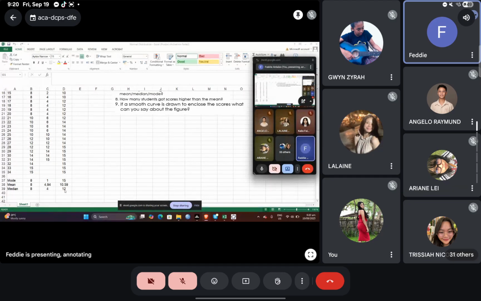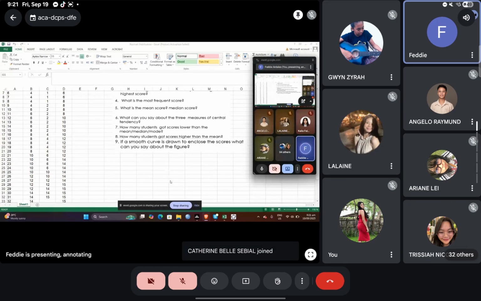If you compare, they have the same highest and lowest scores. Later on, we'll try to describe which of this data is normally distributed.